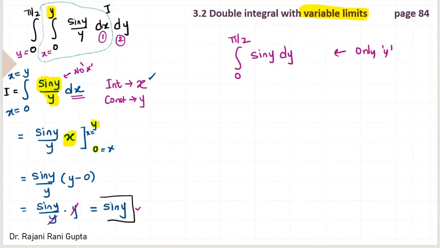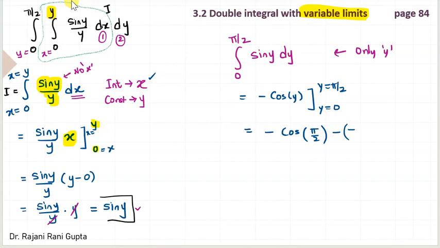Okay. So now the integration of sine of y is minus cosine of y. And the limits for y are from 0 to pi by 2, which gives you minus cosine pi by 2 minus cosine of 0. What we did here, we substituted the limit.